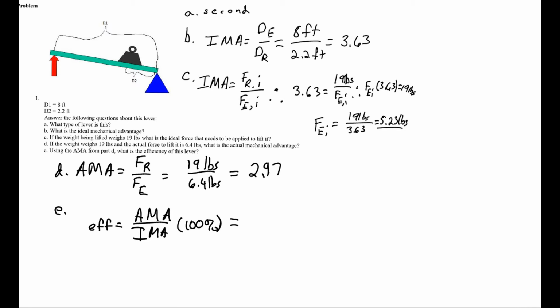So we get 3.63 divided by 2.97 times 100%.